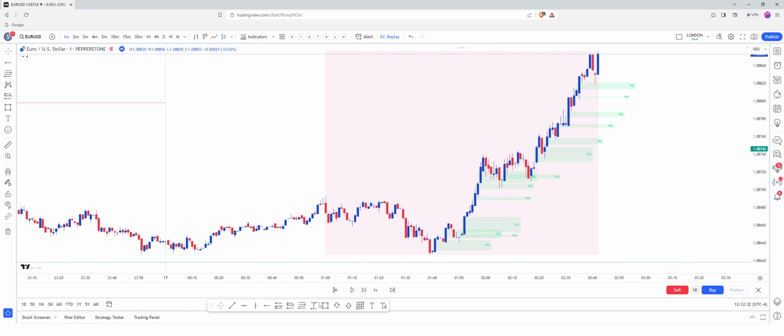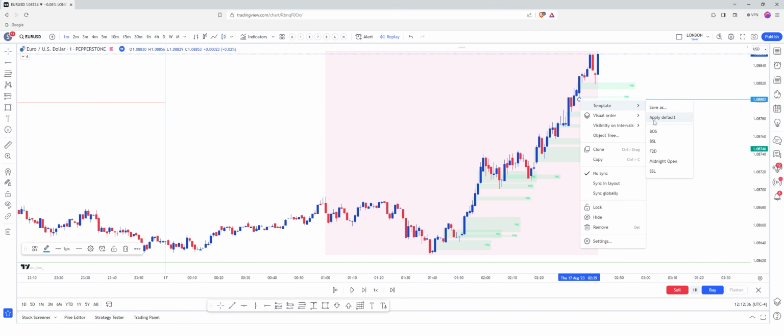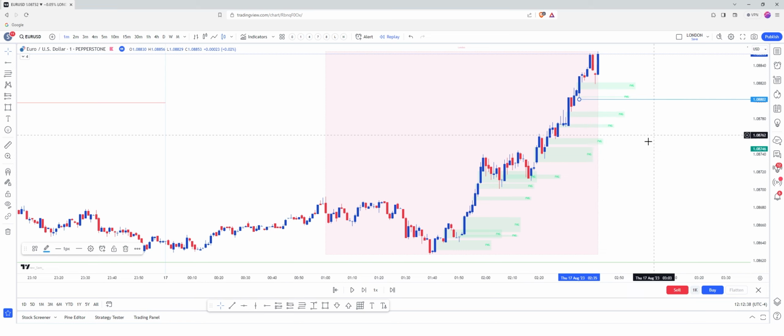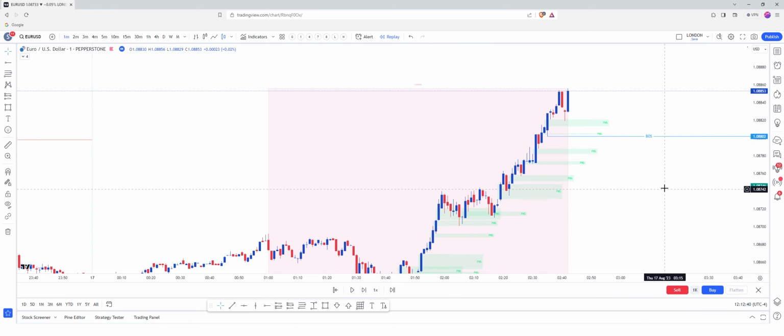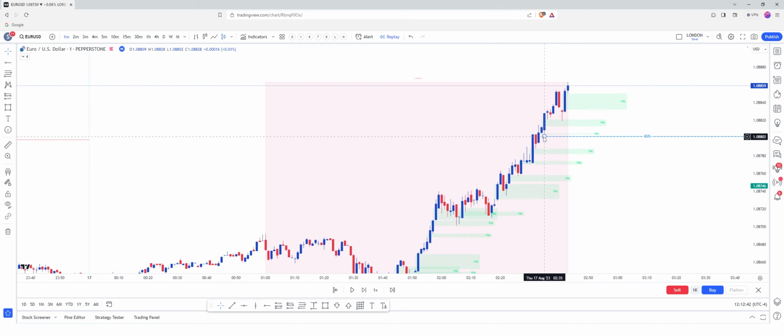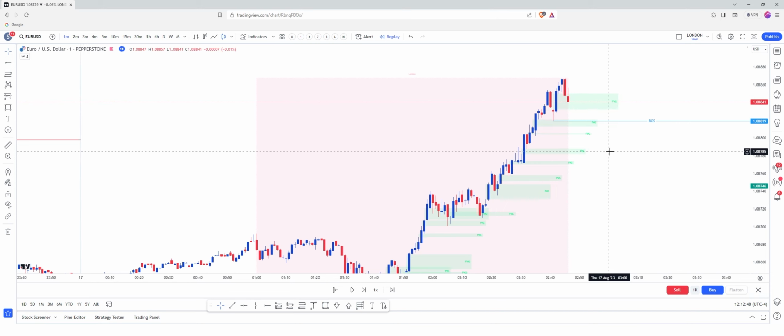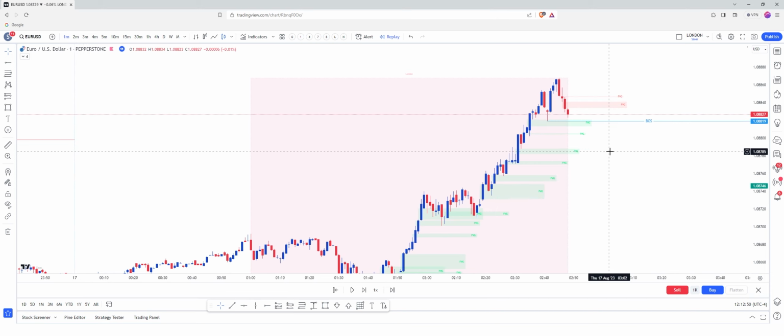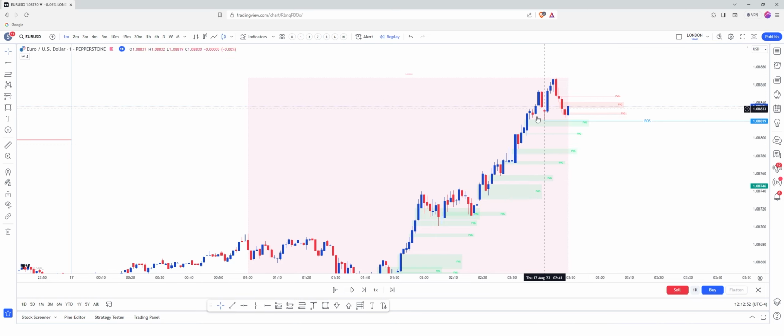So my break of structure at the moment is at this point here. We've now moved up higher. So we're looking for a break of this low, leaving displacements.